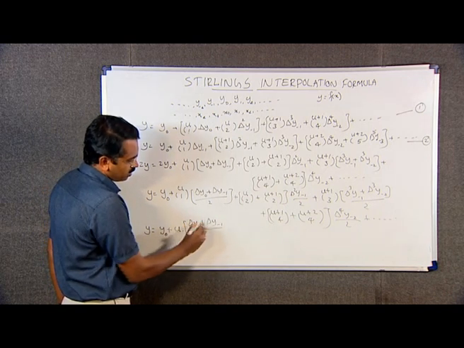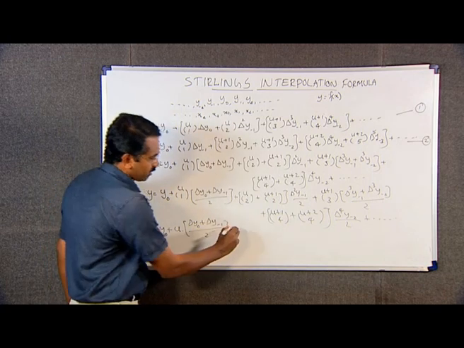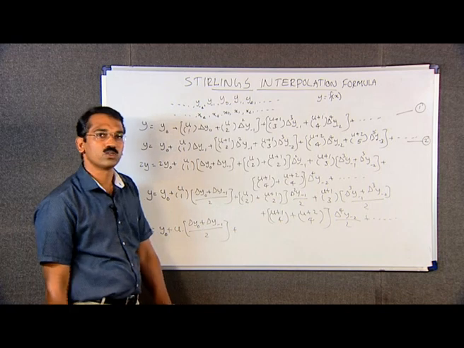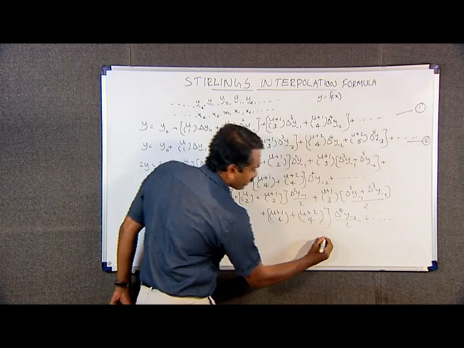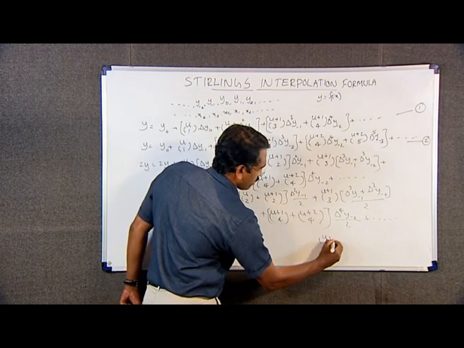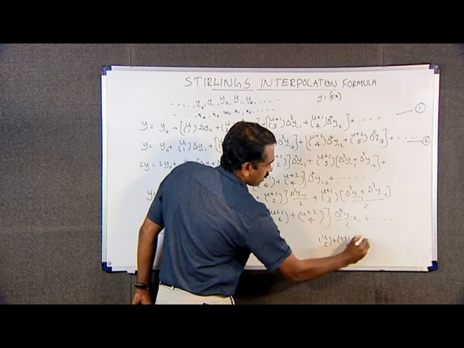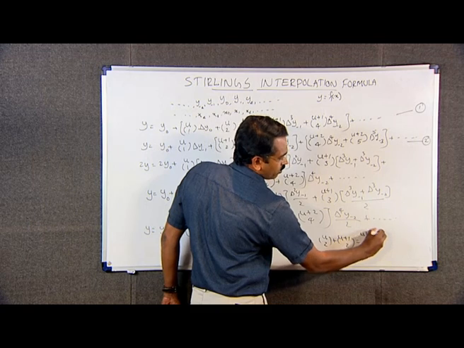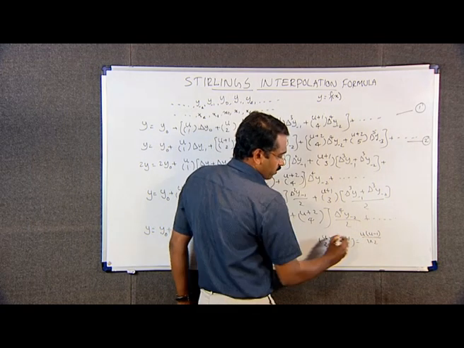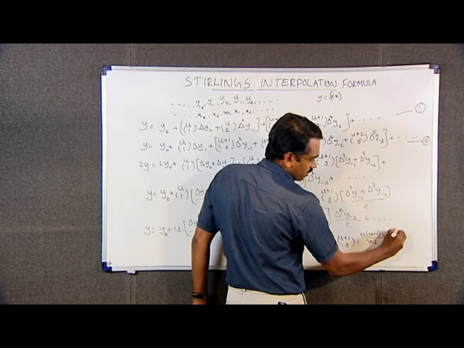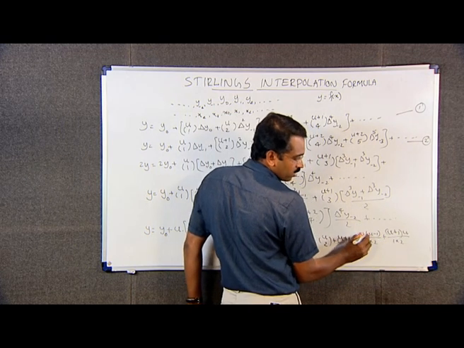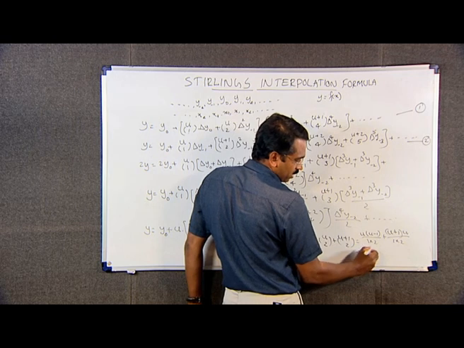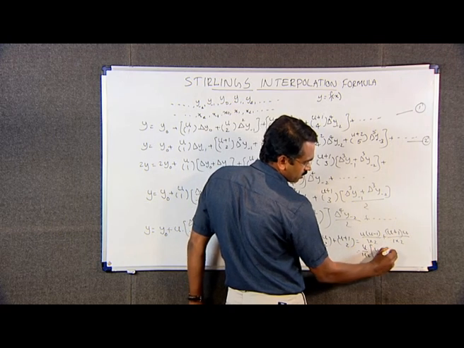plus delta y minus 1 divided by 2 plus here uc2 plus u plus 1 c2 can be written as u square, because uc2 plus u plus 1 c2 is equal to uc2 means u into u minus 1 divided by 1 into 2 plus u plus 1 c2 means u plus 1 into u divided by 1 into 2, that is equal to, here u by 1 into 2 is common, u by 1 into 2 into u minus 1 plus u plus 1.